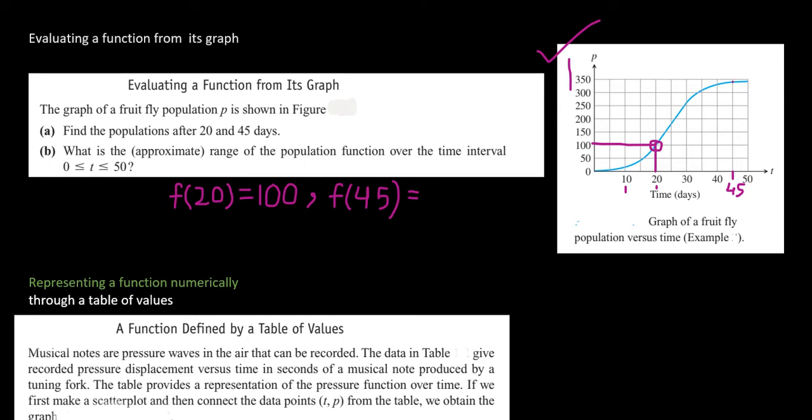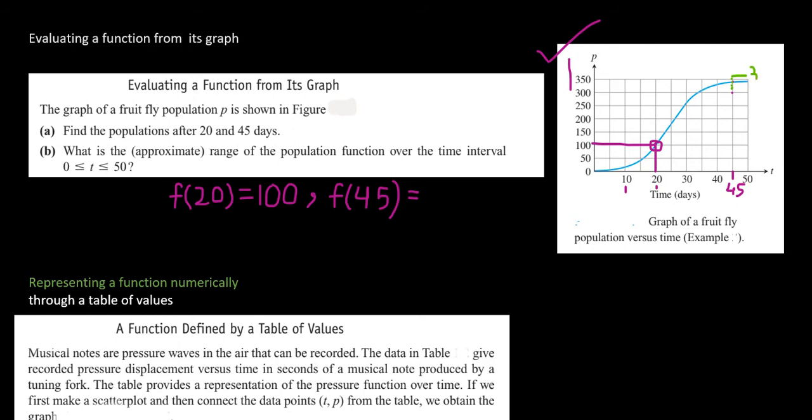So you can see that here it lies over 300, and between this it will lie over 310, 320, 330, 340, and here it lies over 350, and when it crosses this line it will be 350.